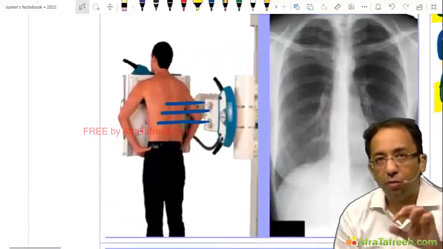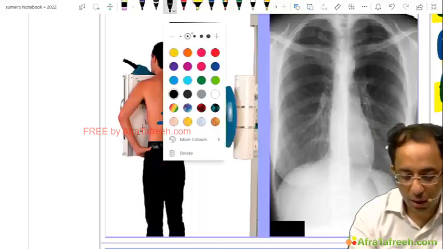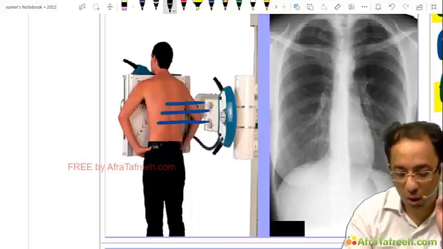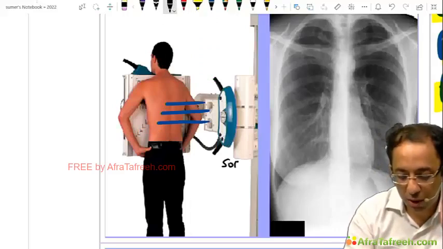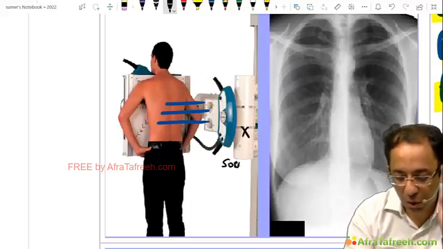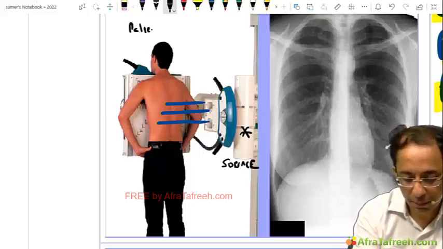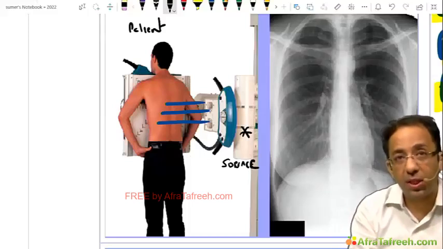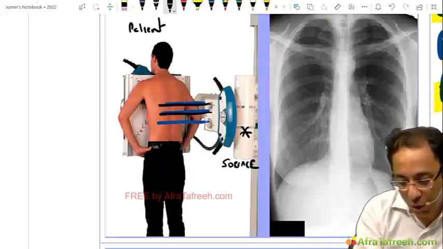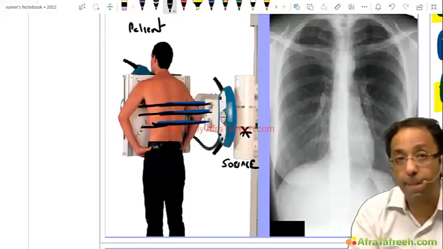Now I want all of you to see with me, very slowly. This is the source of your X-rays. This machine is the source, and this is the patient. The X-ray beam is coming from the source through the patient going into the film.